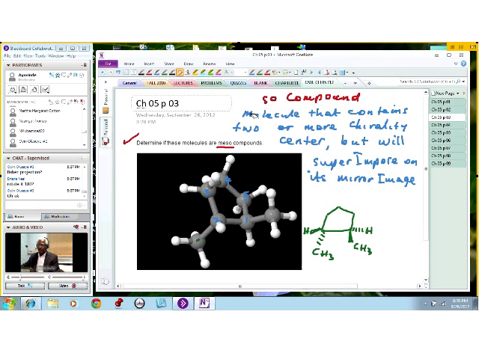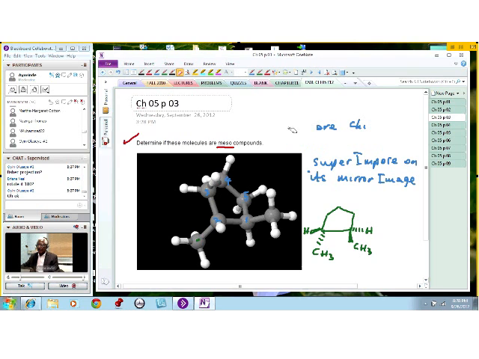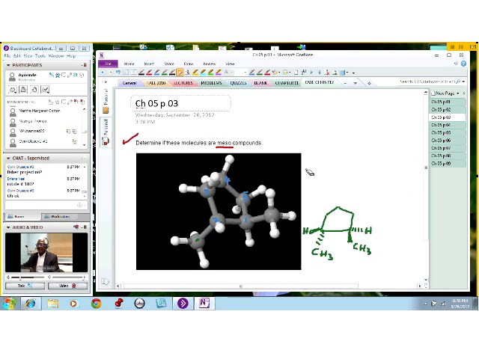Let us draw the mirror image of this molecule and see whether it will superimpose. It does have 2 chirality carbons. Will it superimpose on its mirror image? That is the question we want to answer at this point.